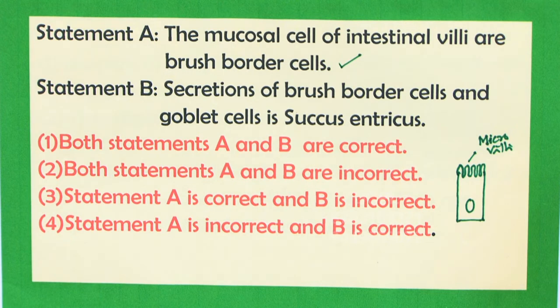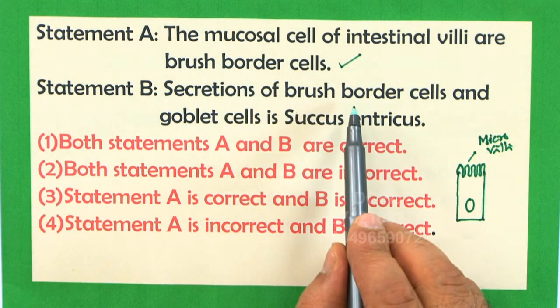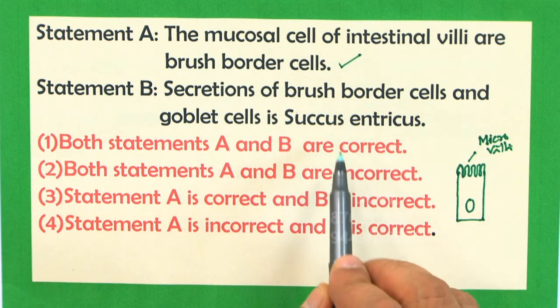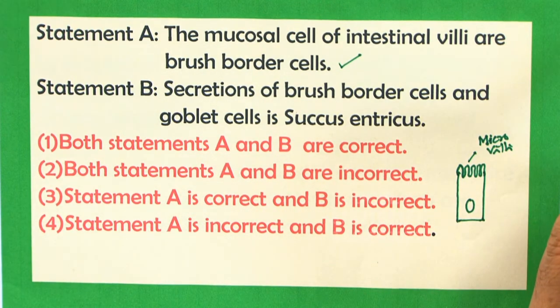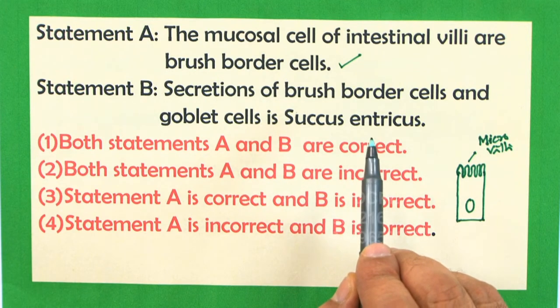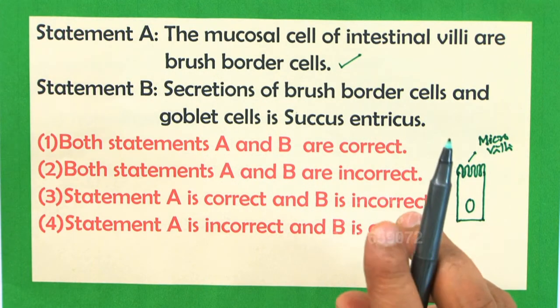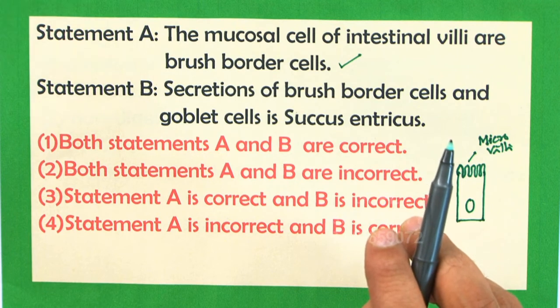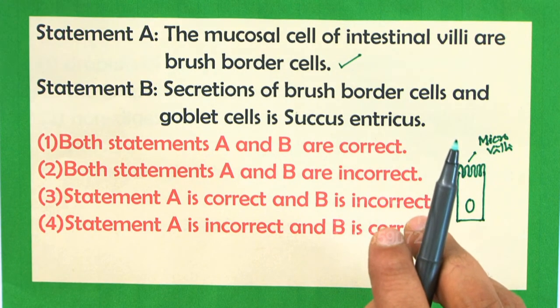Now we look into statement B. Secretion of brush border cells and goblet cells is succus entericus. Very, very important statement. Remember, the moment we talk about brush border cells, it means it has microvilli. Presence of microvilli means it increases the surface area.